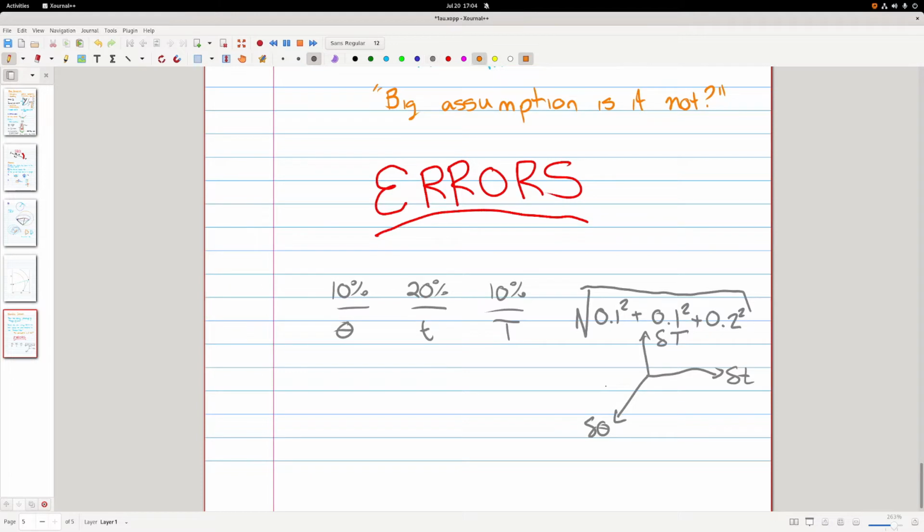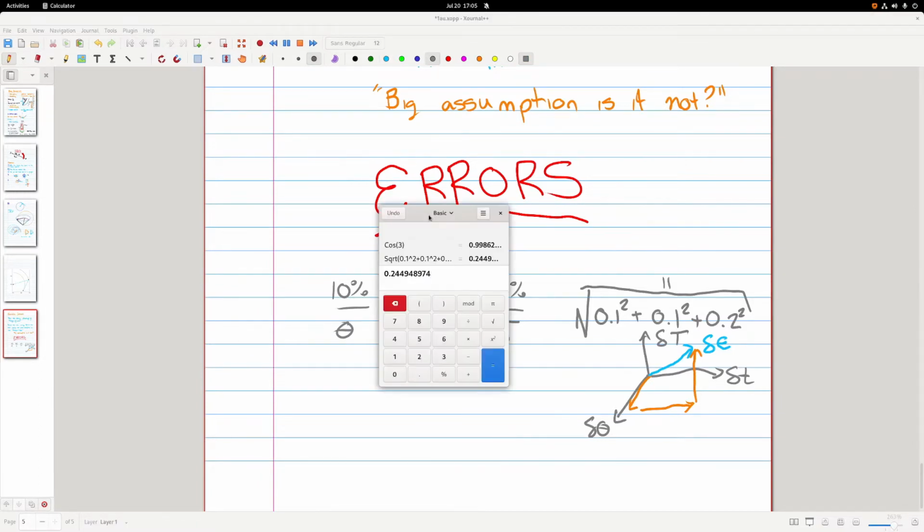We have these measurements a bit this way, a bit this way, and a bit upwards, and we want to know this total error, like delta epsilon. And the way you do Pythagorean distances is through the square root mean method. So the sum of these errors gives you about, I'll just write this as 25%.